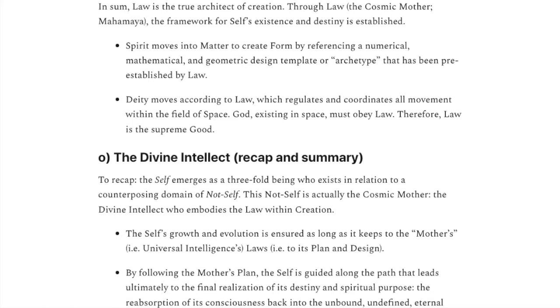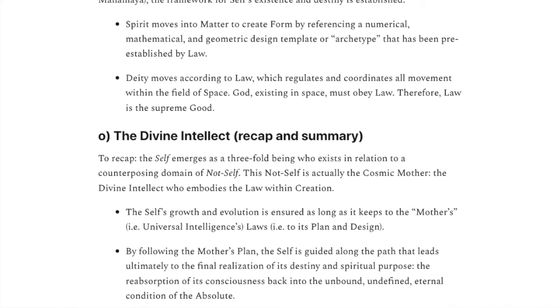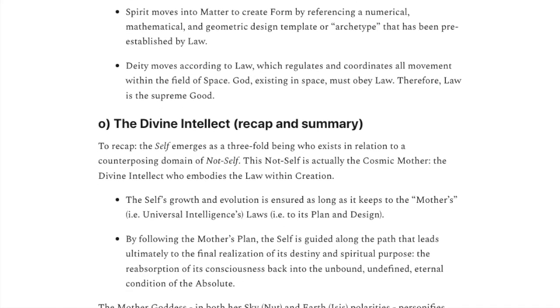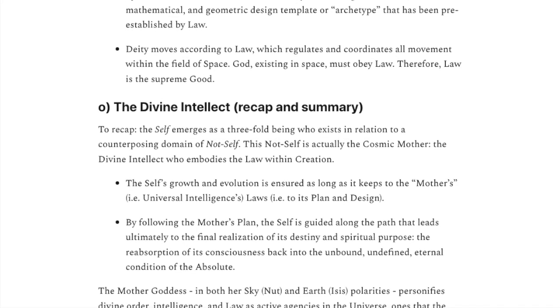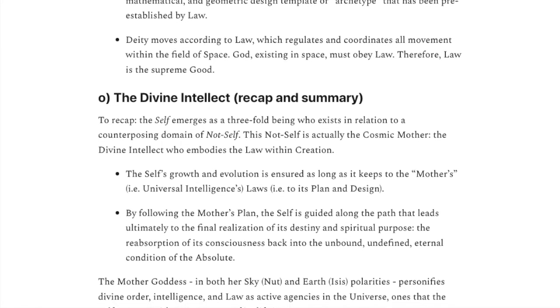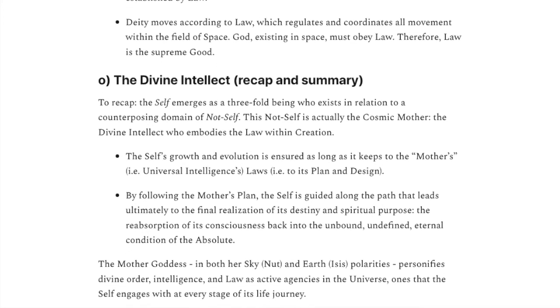So to recap, the self emerges as a threefold being who exists in relation to a counterposing domain of not-self. This not-self is actually Isis, the earth mother. It's also Nut, the sky goddess. And these are two relative states of one principle, which is the divine intellect, who preserves the law within creation.